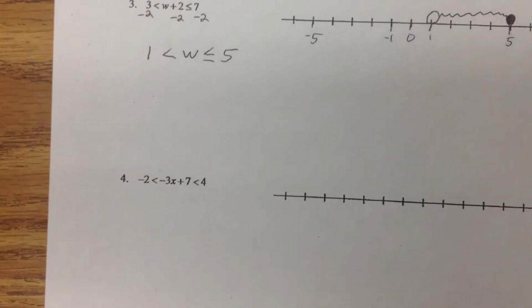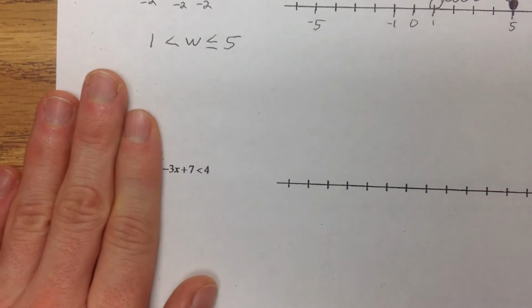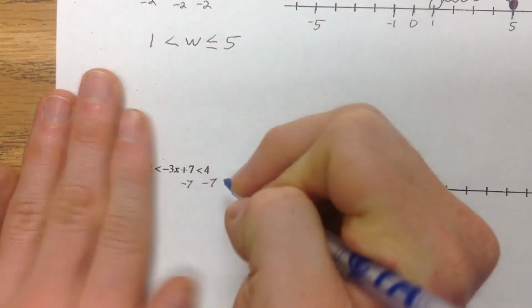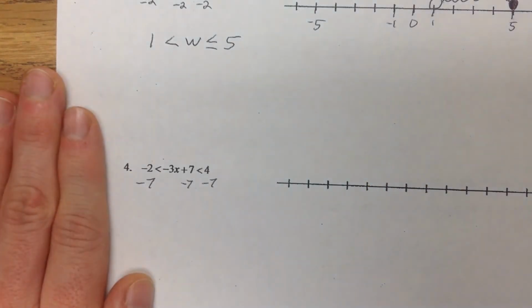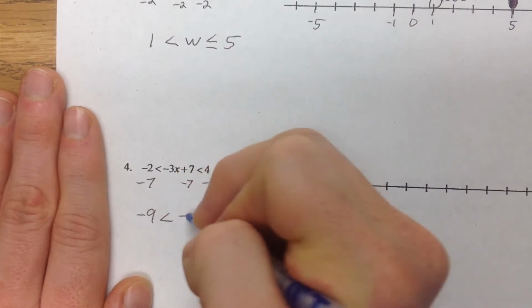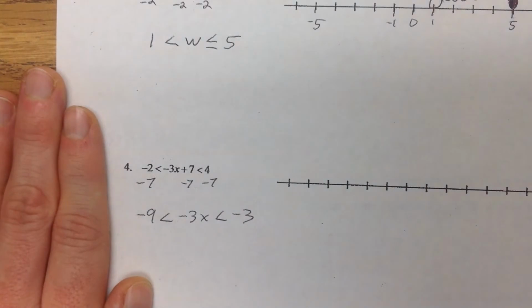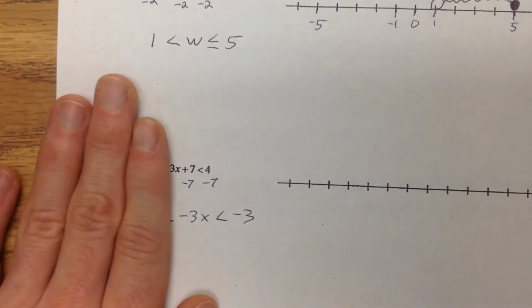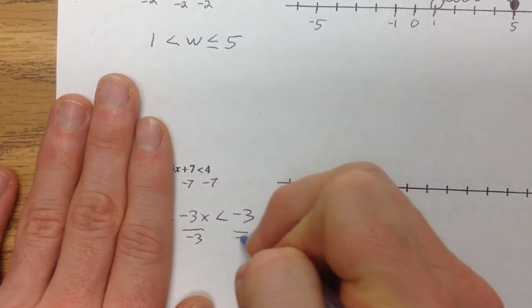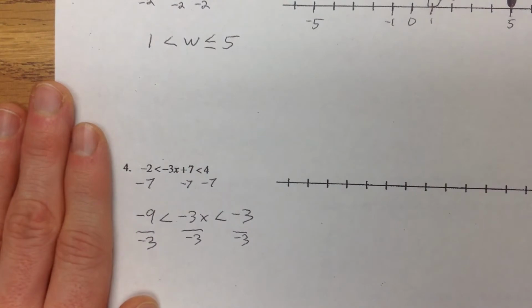All right. Let's look at number 4 here. Again, just think of it as one problem and do the same thing to both sides. I'm going to subtract 7, which means I'm also going to subtract 7 over here. So we end up with negative 9 is less than negative 3x, which is less than negative 3. If you think about it as one problem, your next step would be to divide by negative 3, and we do it on both sides.